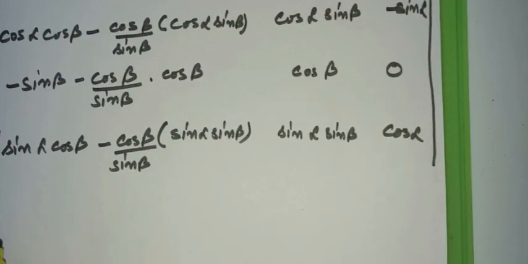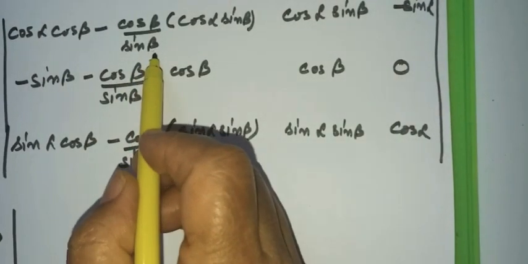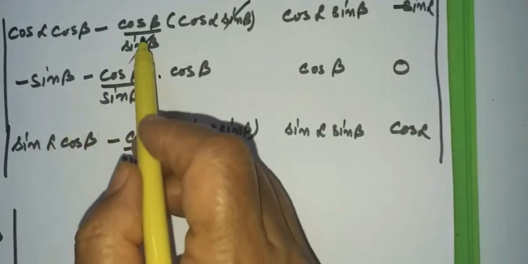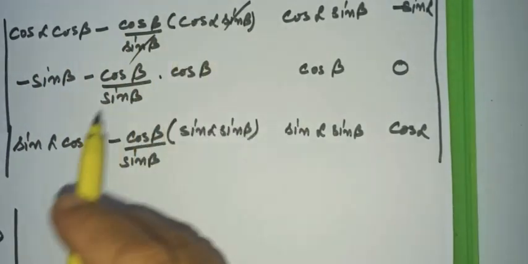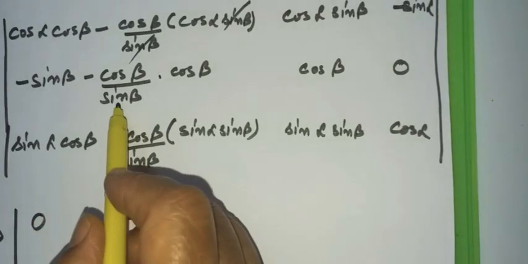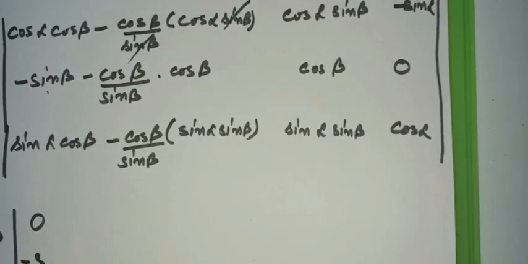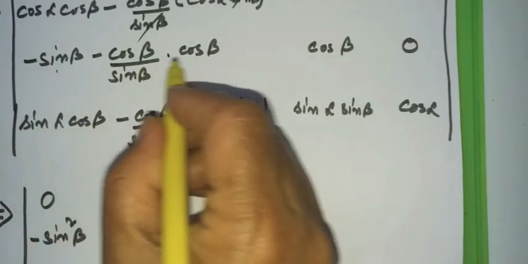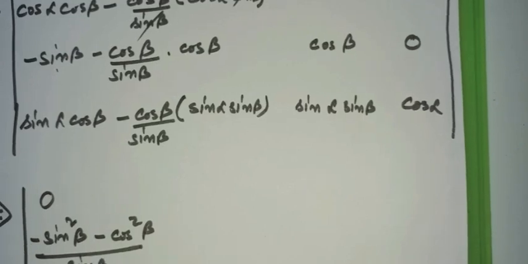So let me further calculate what happens to the first column. Very clearly you can see, students, this sine beta and sine beta will get cancelled, and cos beta cos alpha minus cos beta cos alpha becomes 0. Here I will take the LCM, so I get minus sine beta into sine beta, that is minus sine square beta, minus cos beta into cos beta, that is minus cos square beta, upon sine beta.